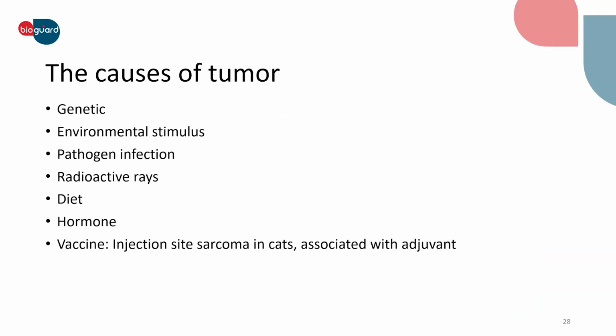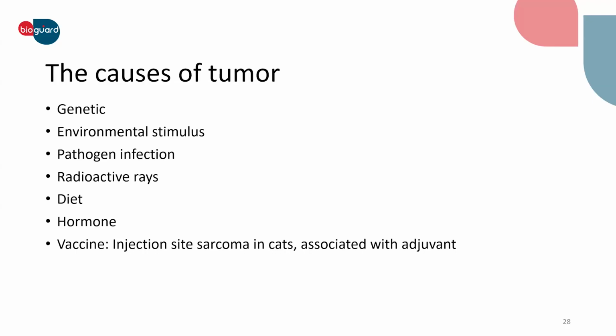Beyond genetics, many external and internal factors can trigger tumor formation. A genetic predisposition lays the groundwork. Some individuals or breeds inherit mutations that raise cancer risk, but genes alone don't tell the whole story.